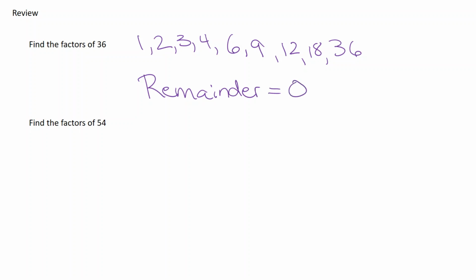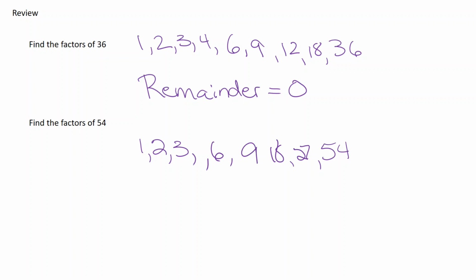And same with the factors of 54. If we did 54, we would say the factors are 1 and 54, 2 and 27, sorry about that, let me change that, and 3 and 18, and 4 doesn't, 5 doesn't, 6 and 9.